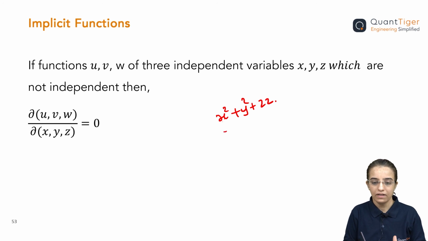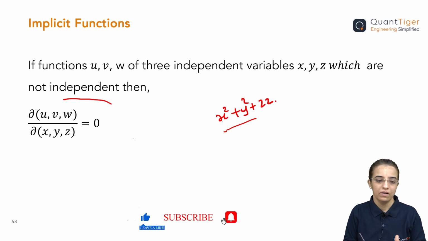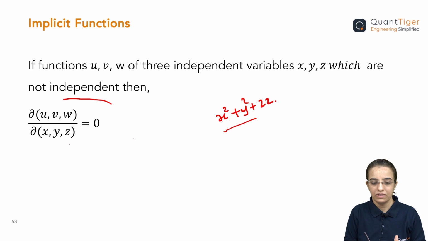Whenever this kind of situation is there, we call it an implicit function. Whenever the given functions have variables which are not independent, then when we find their Jacobian, it will always give you 0.